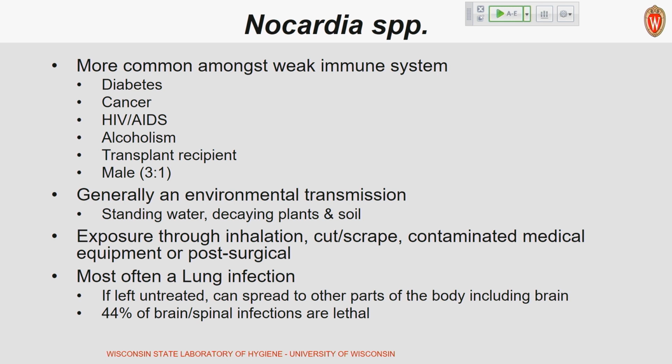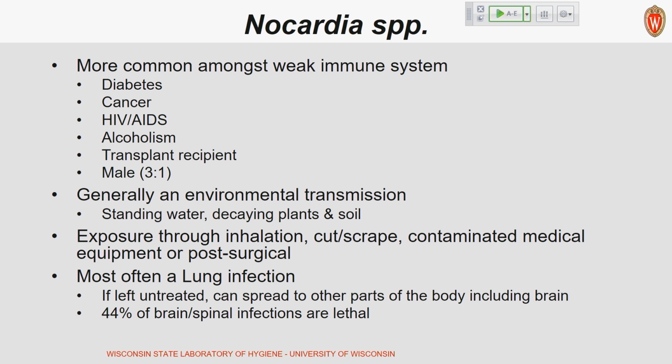Moving on to Nocardia, more common amongst somebody with a weak immune system, so some depiction there of the different things that might cause or are associated with a weak immune system. You're generally seeing this as an environmental transmission in terms of mode of transmission, so standing water, decaying plants and soil, with that exposure occurring through inhalation of that decaying material, a cut or a scrape, and contaminated medical equipment or post-surgical.